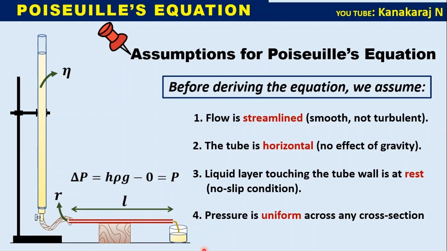Pressure is uniform across any cross section of the tube. All these 4 conditions have to be assumed to derive Poiseuille's equation.